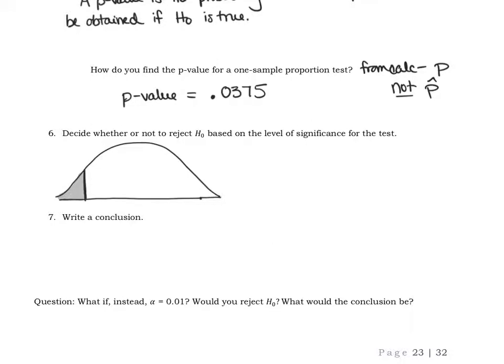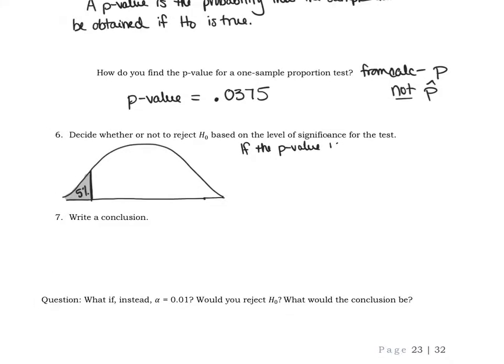Since we're testing a 5% level of significance, what we want to figure out is if the p-value, what we just got, is in the shaded region, we reject the null hypothesis. So we reject the value of H sub 0.